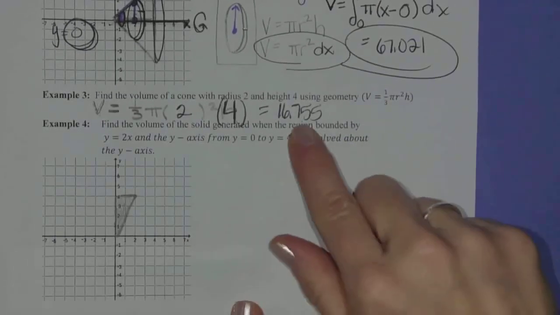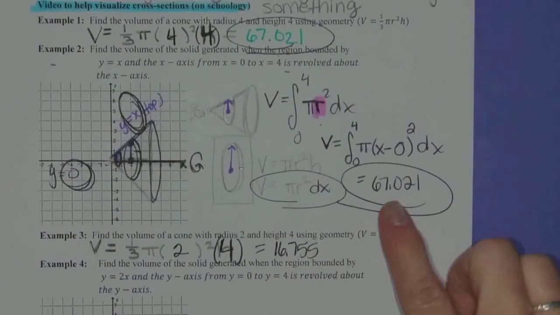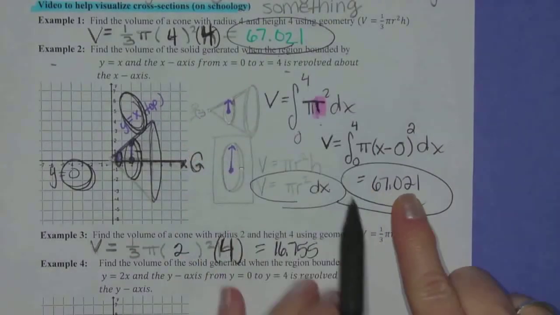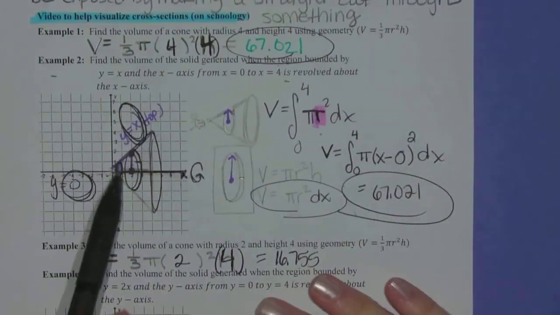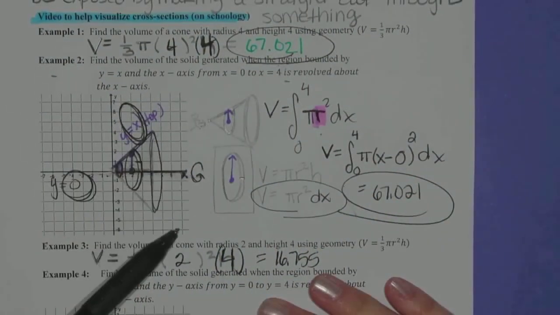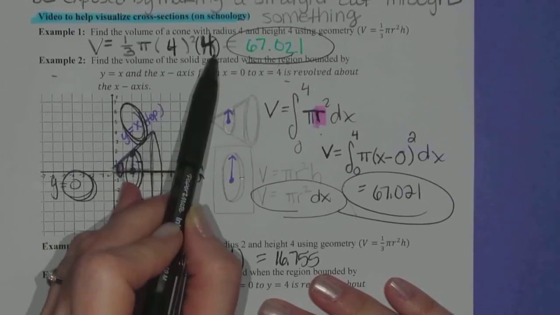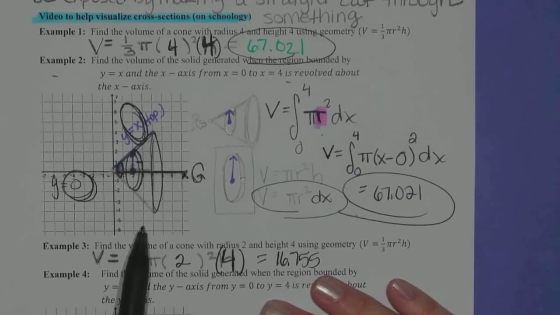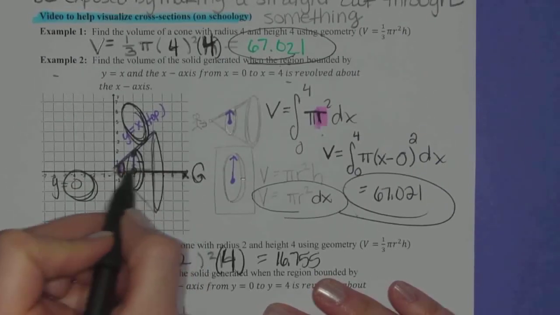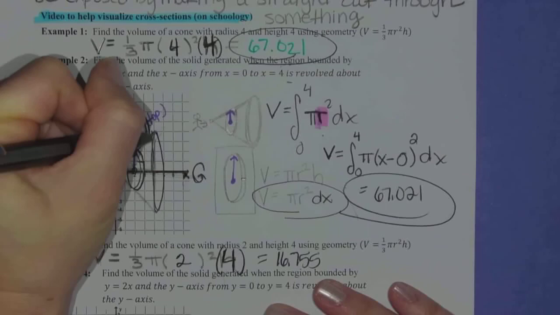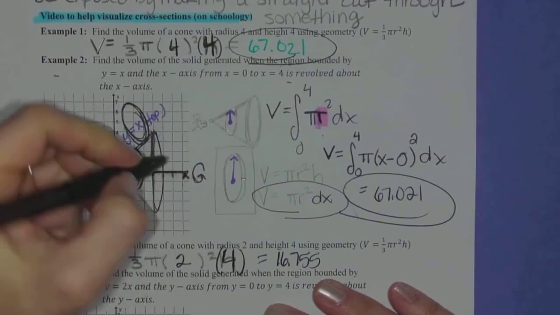Now, by the way, guys, I forgot to mention up here, if you were confused as to why those came out the same, I'm sorry, if you look at this cone, do you see the criteria here? This guy had a radius of 4 and a height of 4. Well, what does this guy have? He's got a height of 4 and a radius of 4.